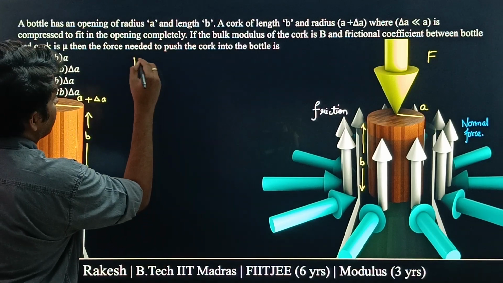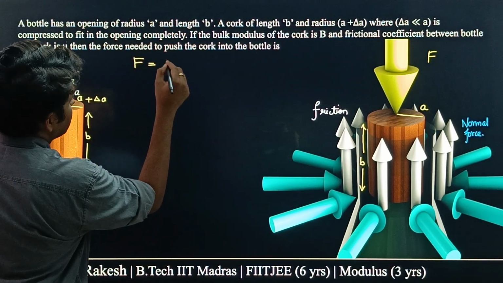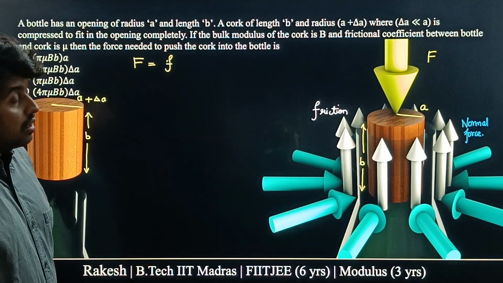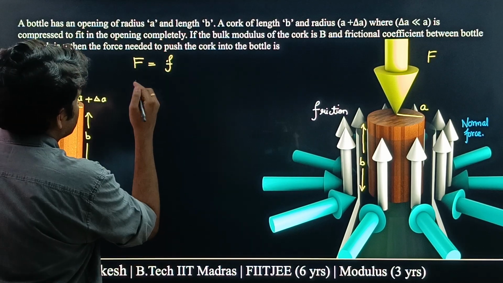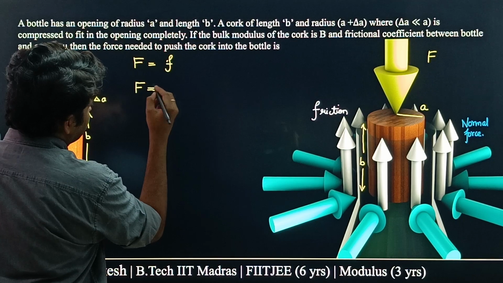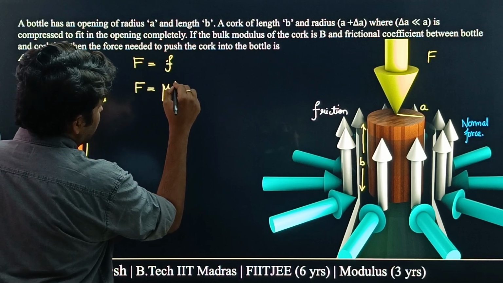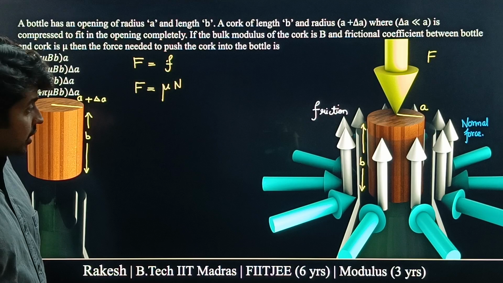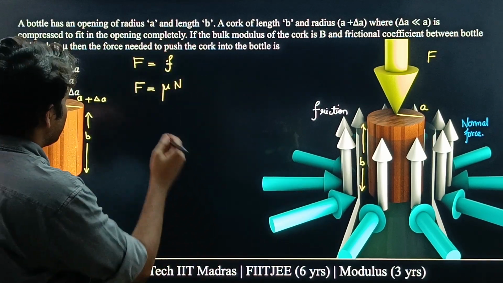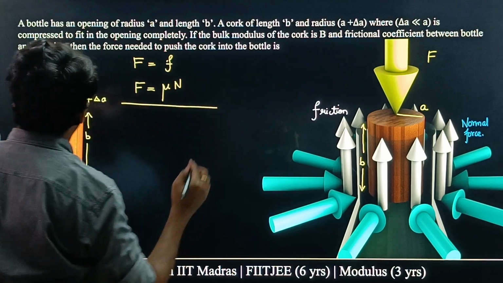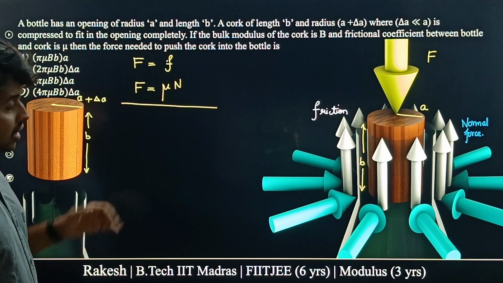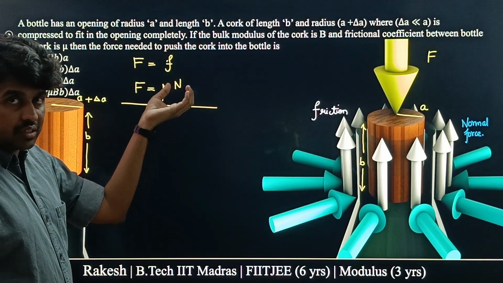This force F must be equal to the friction force. And what is this friction force equal to? Mu times normal reaction. Mu times what is this? Total normal reaction. Now let us move on to how to find this normal reaction.